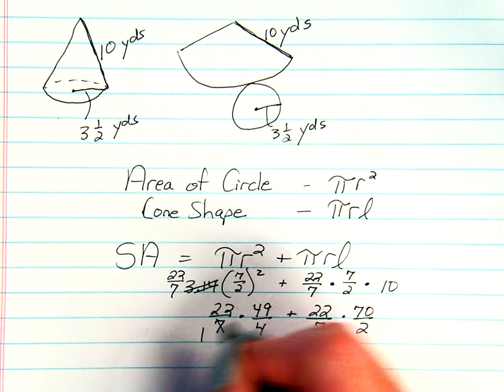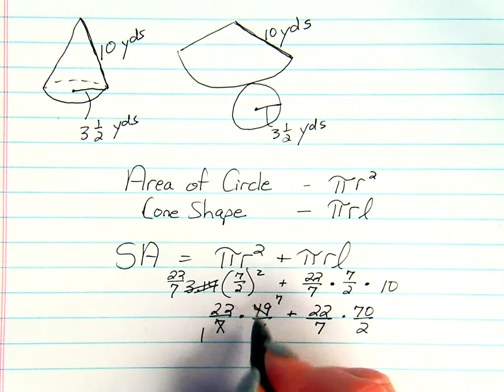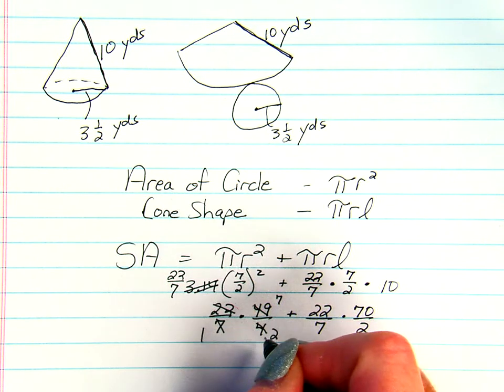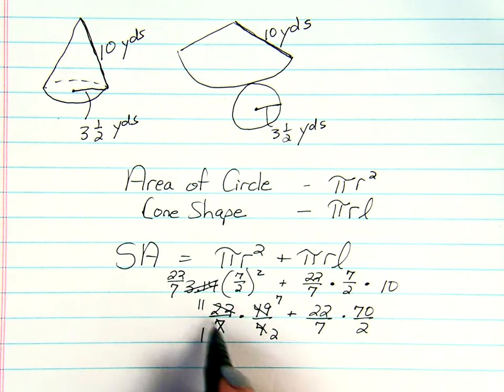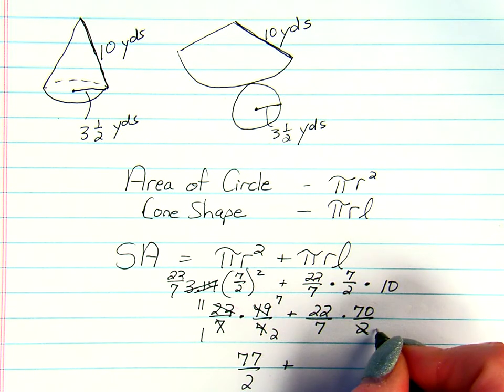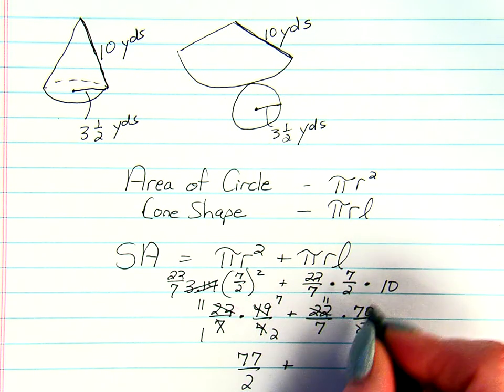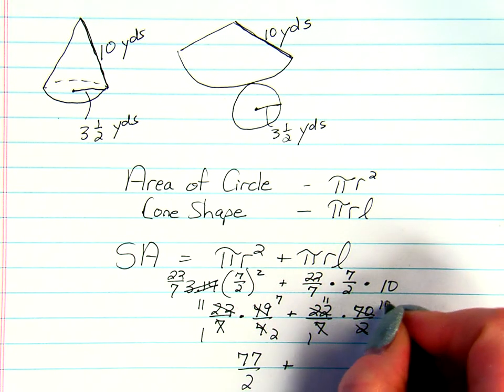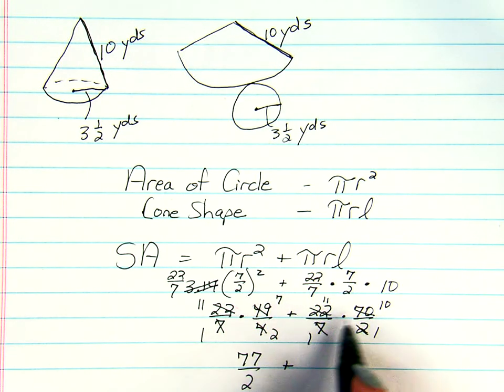We'll reduce before we do anything. Make that 2. 2 goes in here, 11. So this becomes 77/2 plus, and then we'll reduce this to 1, this 11. This is a 1, and this is a 10. So 77/2 plus 10 times 11, which is 110.